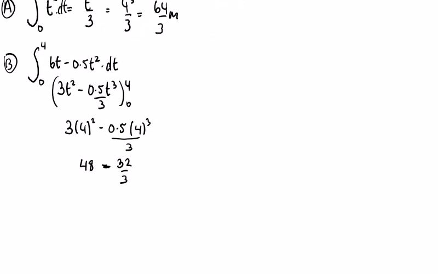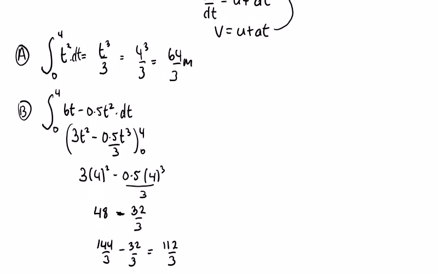Or 144 minus 32 over 3 is going to give me 112 over 3. So the difference between 64 over 3 and 112 over 3 is 48 over 3, which is 16 meters.